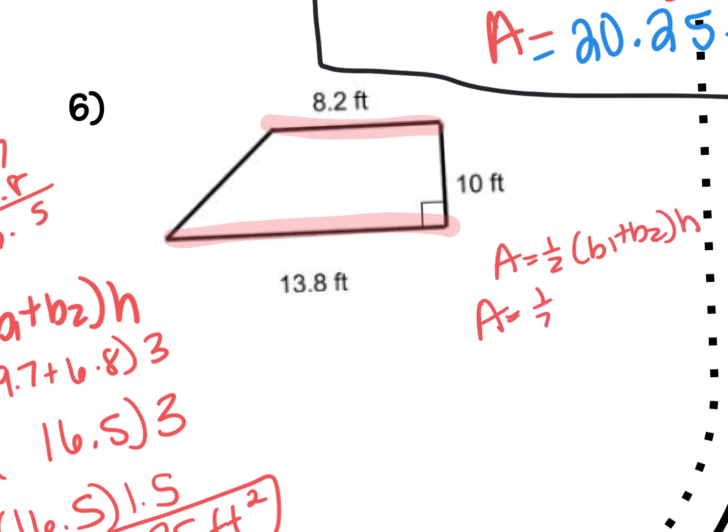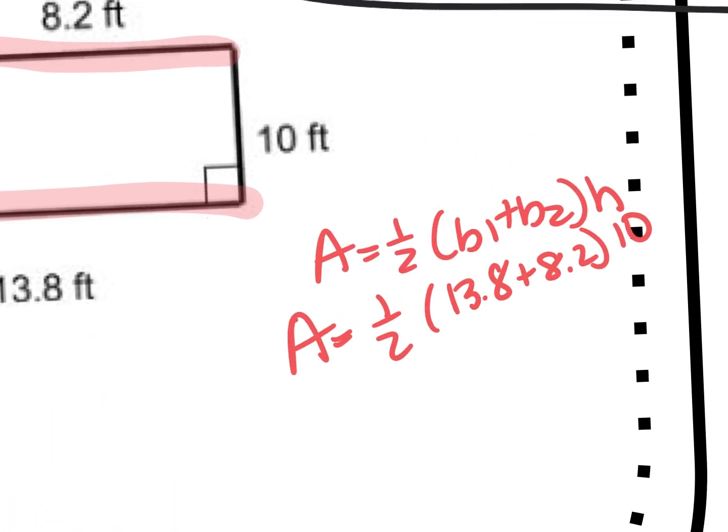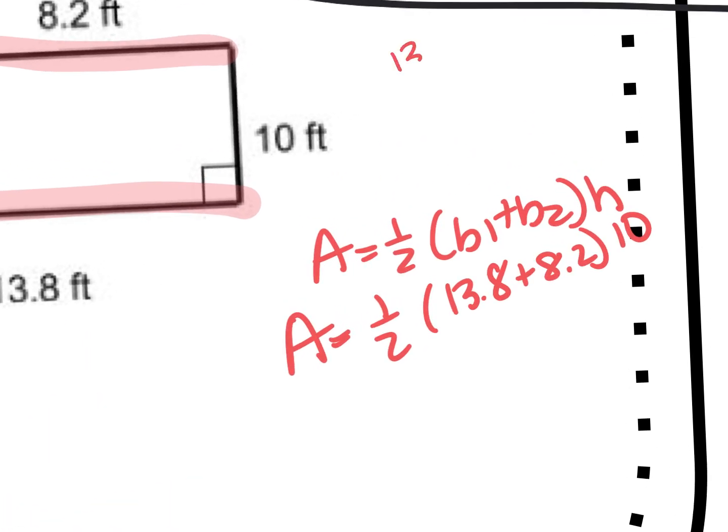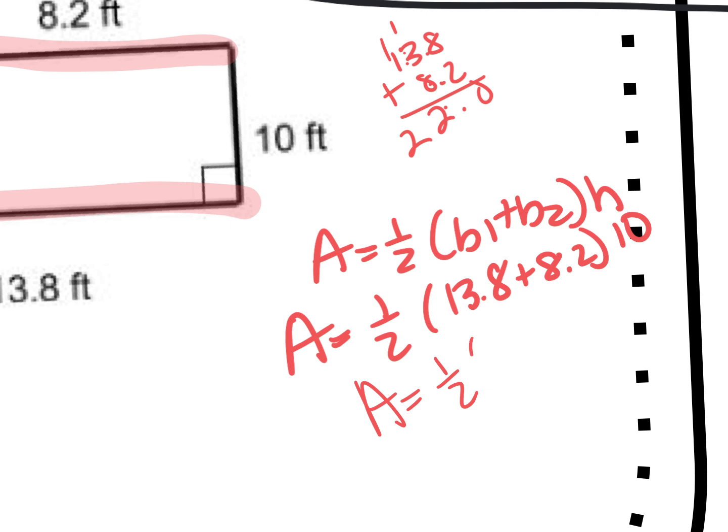Area equals half, well, that's 13.8 plus 8.2 times 10. And let's see, I'm going to do 13.8 plus 8.2, and that actually turns into 22. So 22 is an easy number to work with.